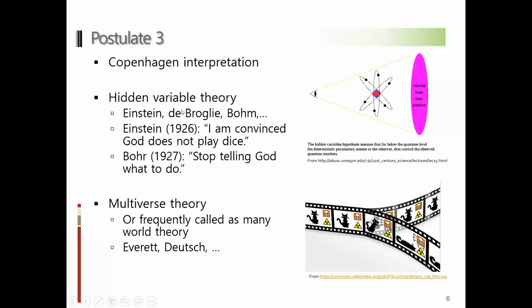But in this class, my goal is not to determine which theory is correct, but to teach you how to interpret and predict the result of a circuit. For correct prediction, the Copenhagen interpretation is good enough. So I won't go through any details for this.